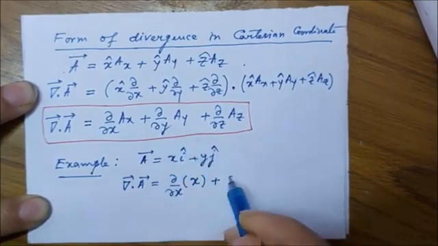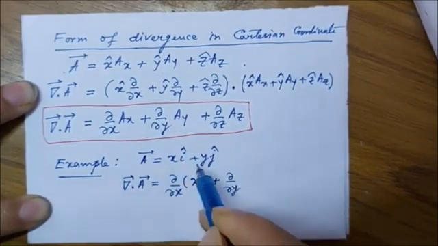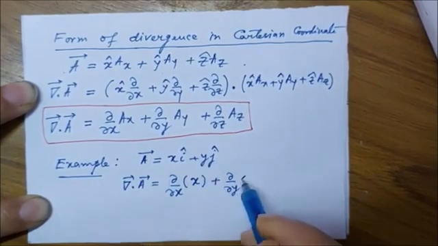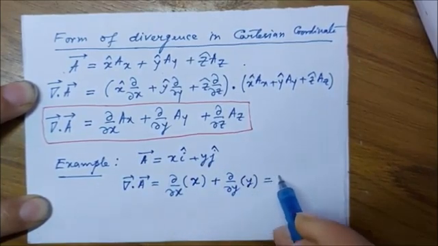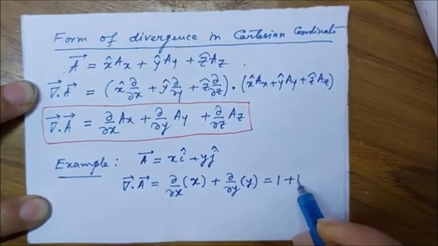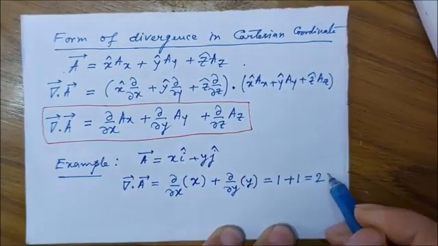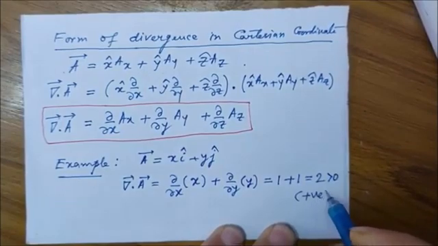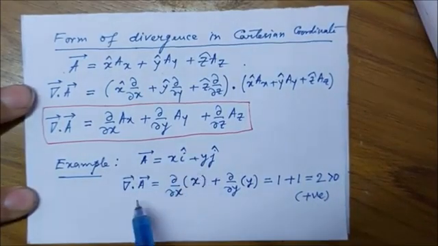Del/del y of the y component, and for vector A the y component is y. So this gives us 1 plus 1 equal to 2, and this is greater than 0, or positive. So this vector has a positive divergence.